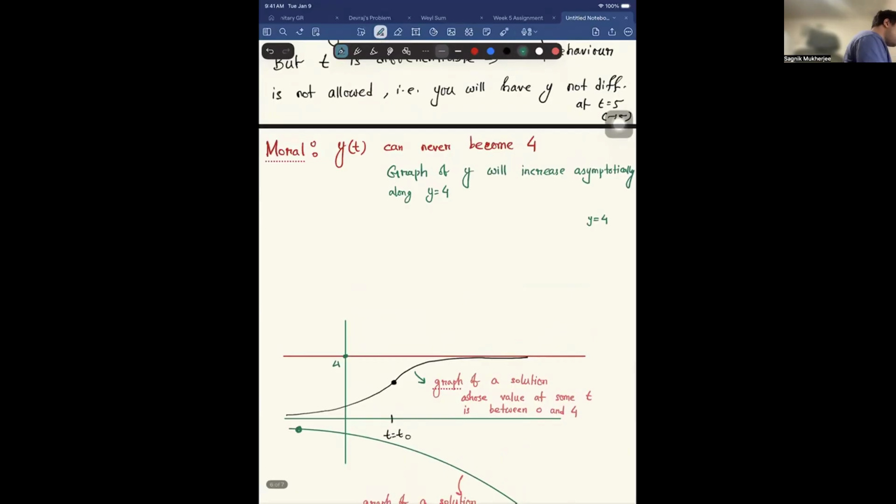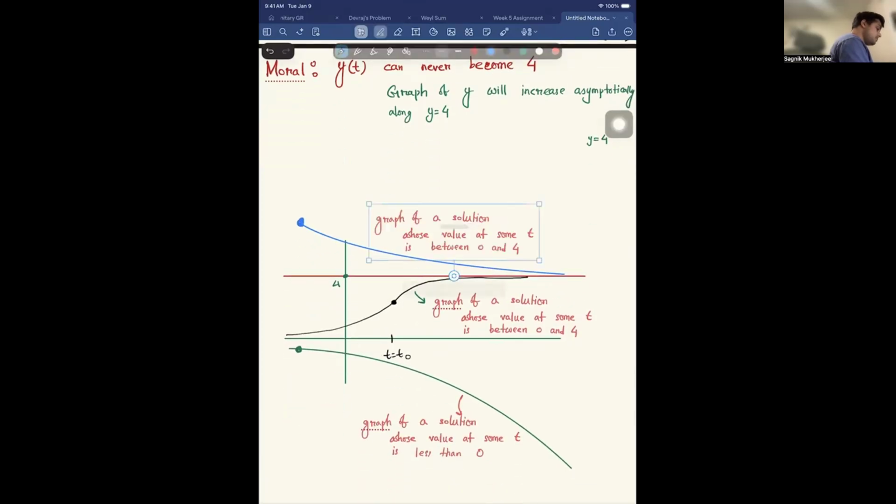On the other hand, if at some t the value is more than 4, it will keep decreasing, but again, asymptotically, right?